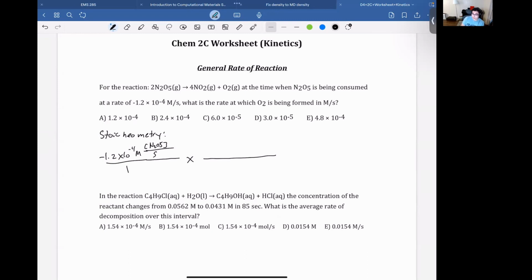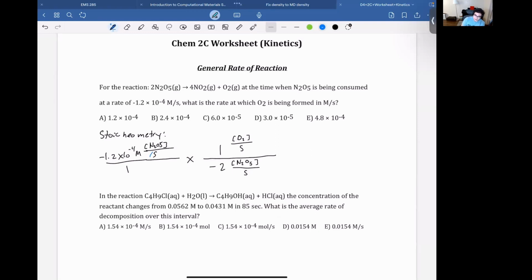Doing some stoichiometry here, we can say, well, for every -2 rate of consumption of N2O5 in molarity per second, I get +1 rate of formation of O2, or concentration of O2 per second.